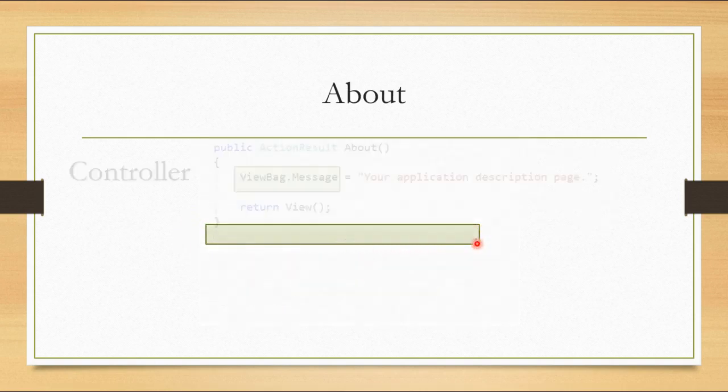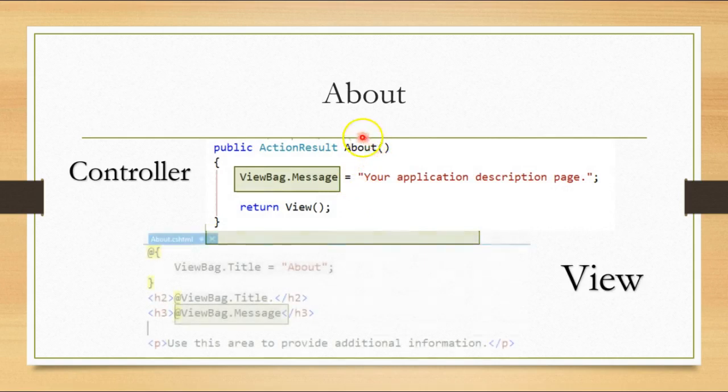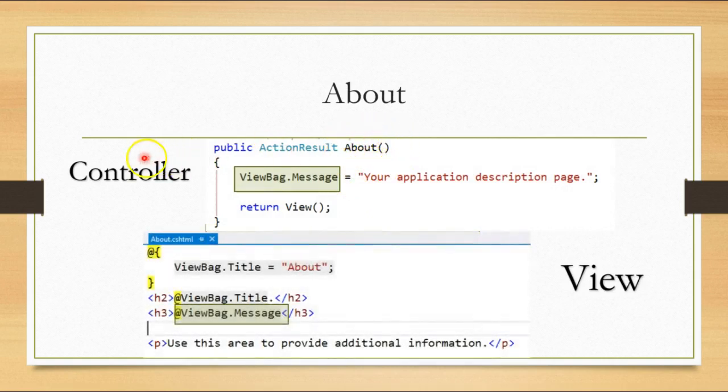So let's go look at the controller. This is the about method in the controller, and notice it has a viewBag.message here, where the value of that is your application description page, and then we call the view.